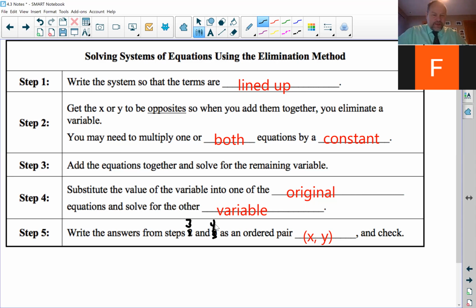It should be: write the answers from step 3 and 4 as an ordered pair (x, y), and check your solution. So again, I think one of the most powerful pieces of solving systems is the fact that when we're done, we can know whether we're right or not simply by checking our solutions.